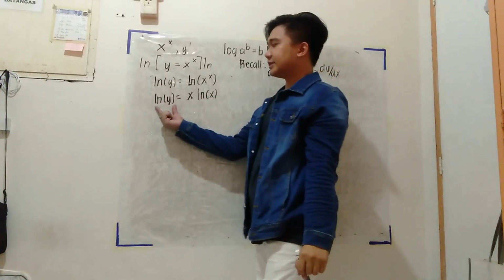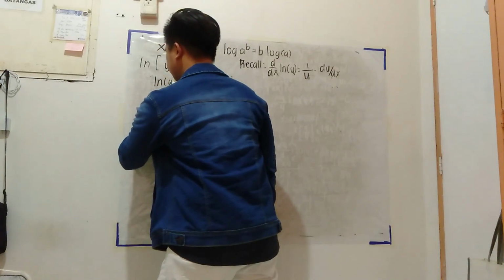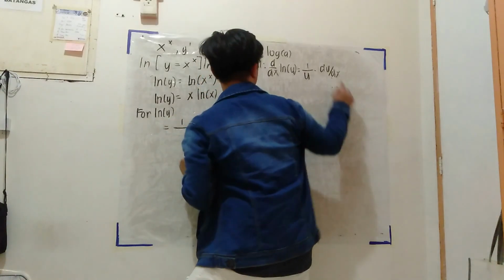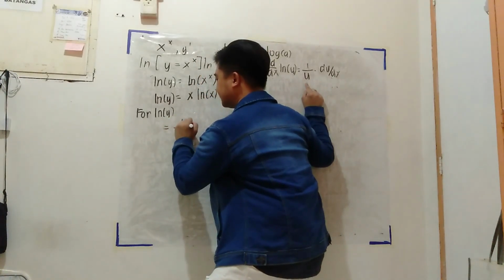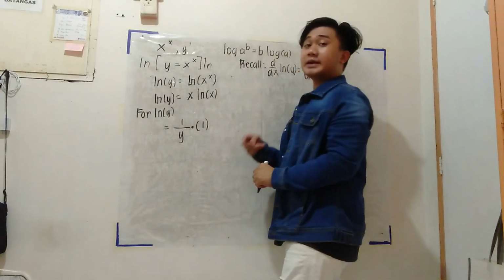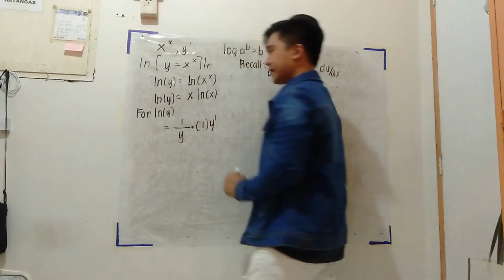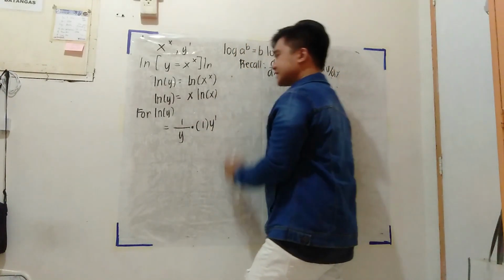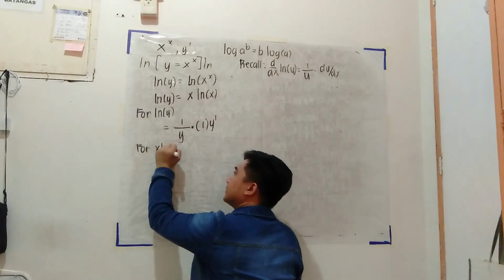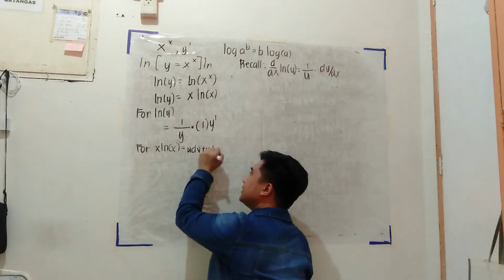So, let's first do ln of y. When I differentiate that, that will become 1 over u, so 1 over y, times the derivative of y, which is 1. Then, since I differentiated y, again, I attach y prime. And then, for x ln of x, since that's a product, u dv plus v du.